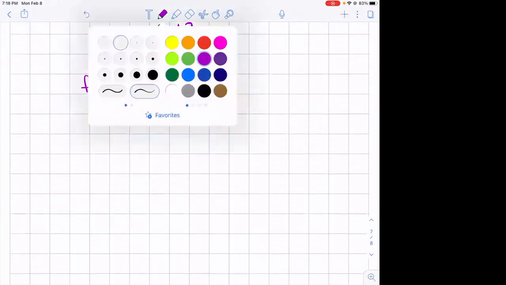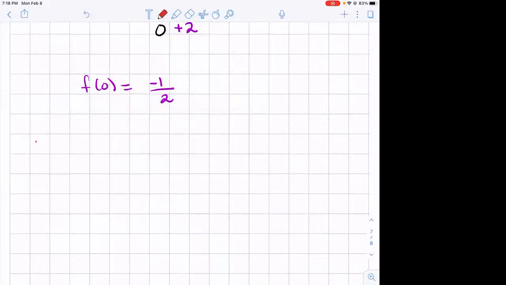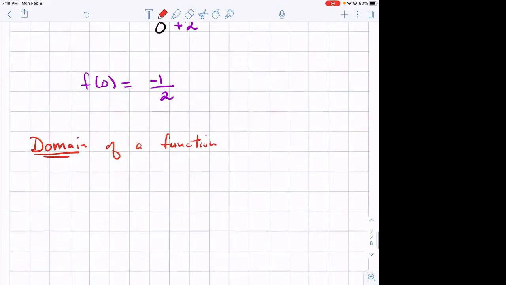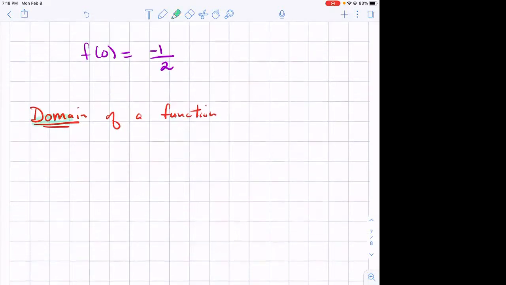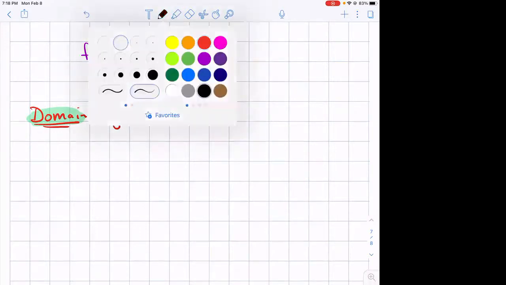We'll talk about it again later. The domain of a function is the set of all acceptable values of the function.